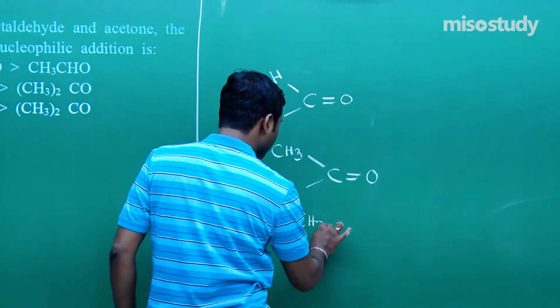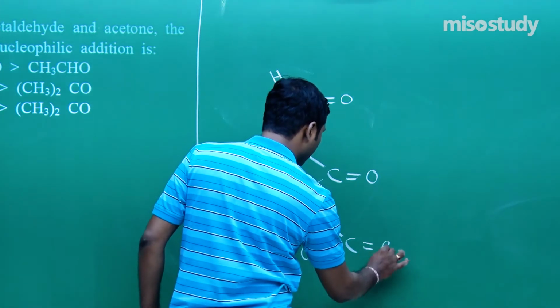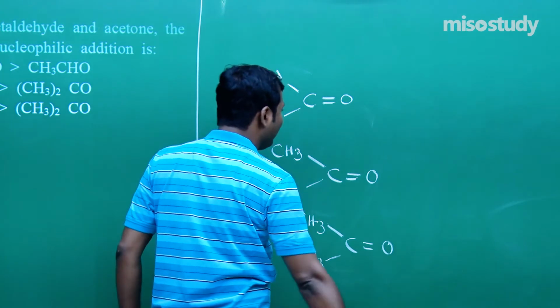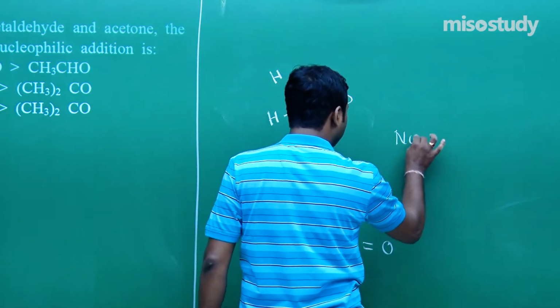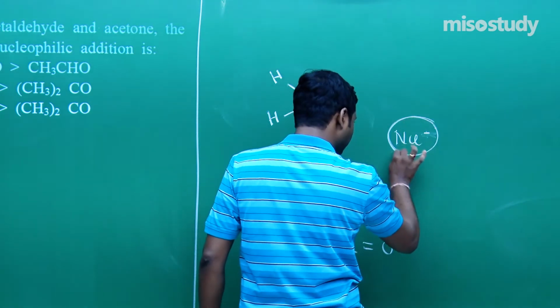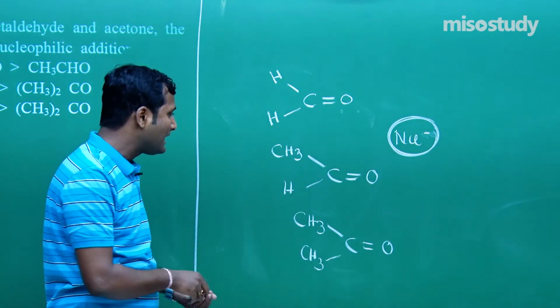This one is C, this one is C, this one is C, double bond O. This one is ketone. Now what will happen? Addition of a nucleophile takes place, so definitely there is a breaking of a bond.